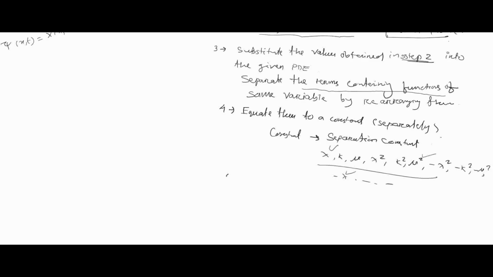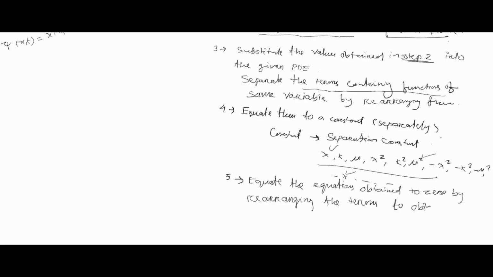Then substep number 5: after choosing the constant, by moving the terms containing the constant to the other side, we equate the equations obtained to 0 by rearranging the terms to obtain the required ordinary differential equations.